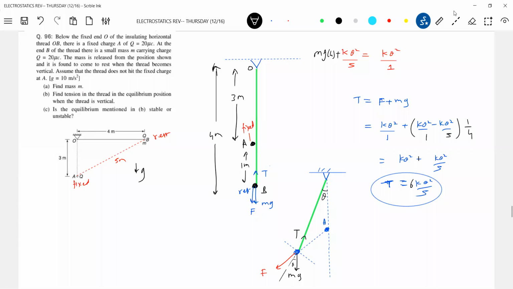Theta will come, mg sin theta. The other will be along the string, mg cos theta. This force will be acting here. I think we need this alpha. It all together, F cos alpha and mg sin theta. Theta will be very small.